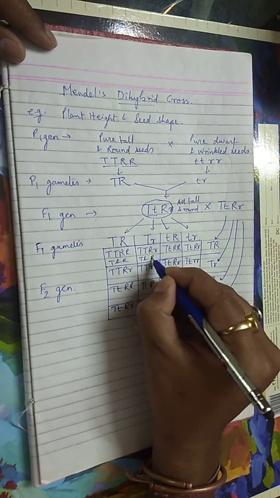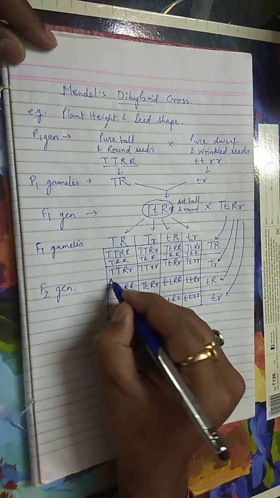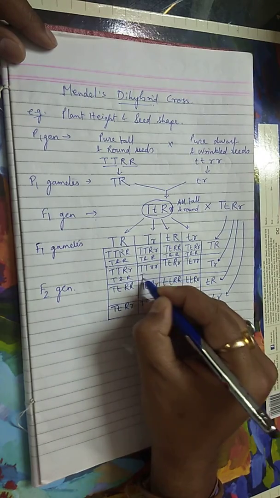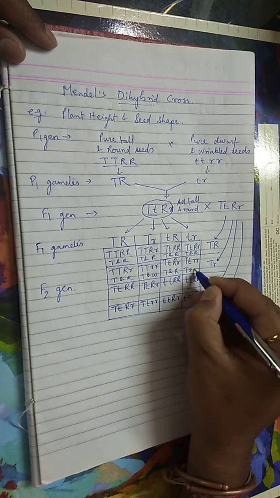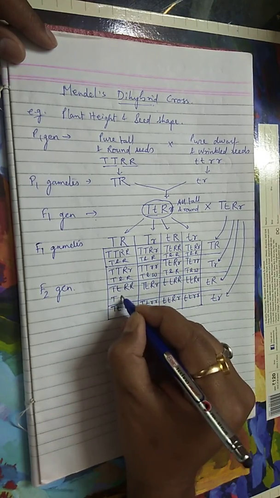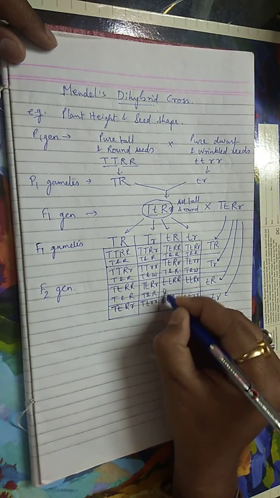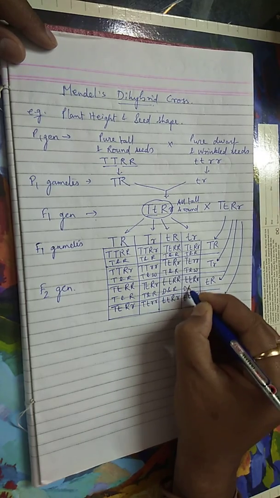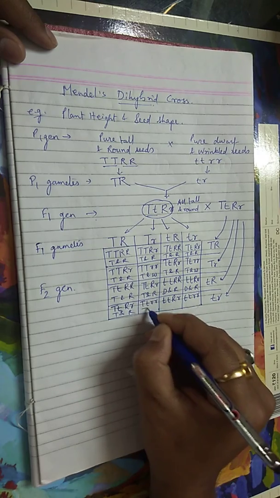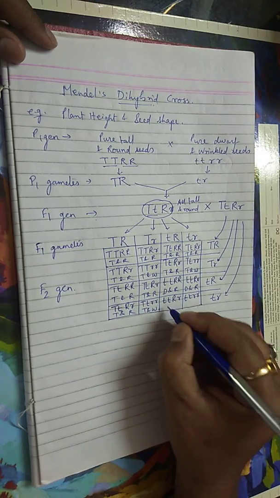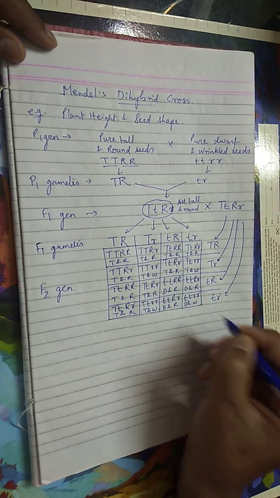Tall plant producing round seeds, tall plant producing round seeds, tall plant producing round seeds, tall plant producing wrinkled seeds, tall plant producing round seeds, tall plant producing wrinkled seeds, tall plant producing round seeds, tall plant producing round seeds, dwarf plant producing round seeds, dwarf plant producing round seeds, tall plant producing round seeds, tall plant producing wrinkled seeds, dwarf plant producing round seeds, and dwarf plant producing wrinkled seeds.